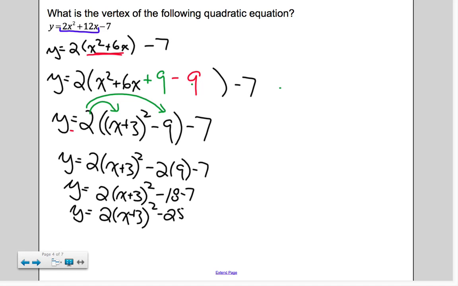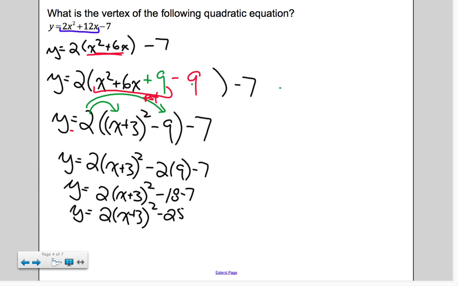Where did your plus 9 go? My plus 9 went into this perfect square trinomial. Here was our PST, and we factored it and got x plus 3 quantity squared. That's where the 9 disappeared to, but this other 9 had to stay out.